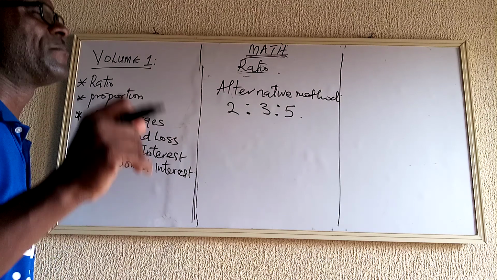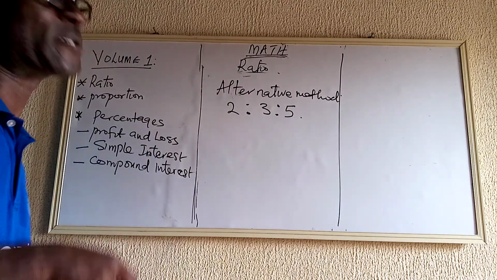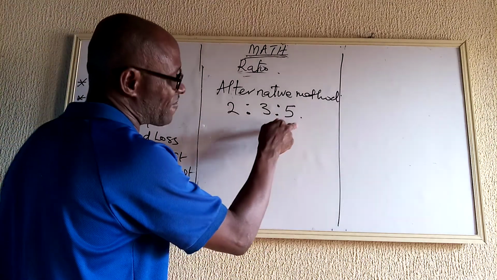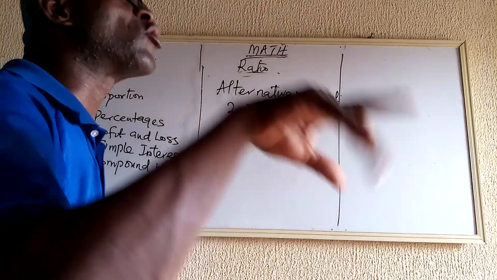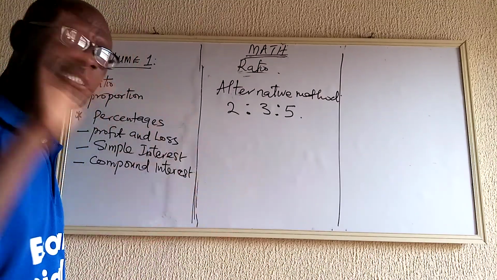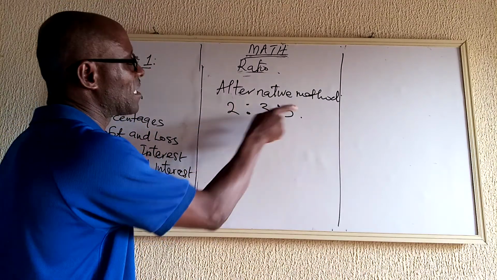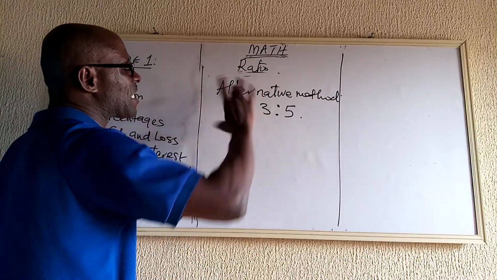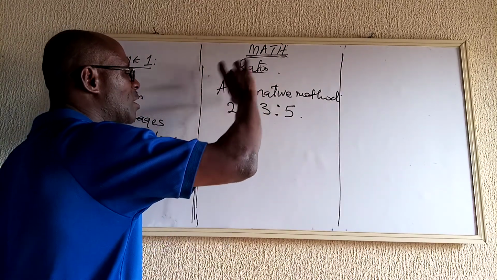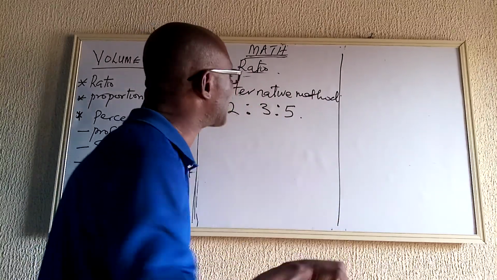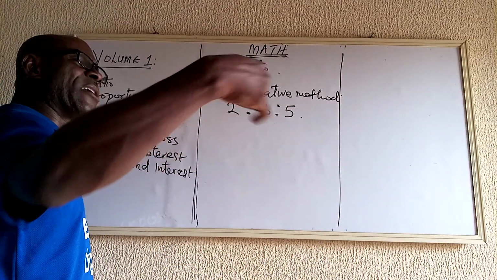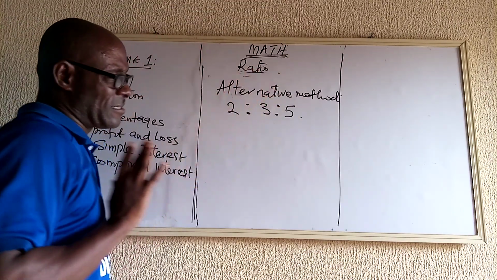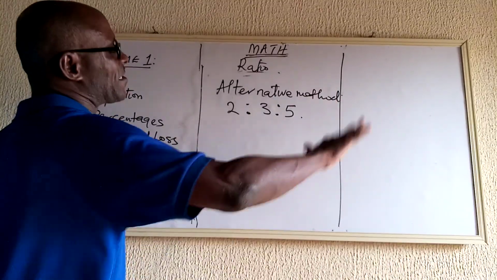Like I said the other time, there must be a common factor. It means that before they arrived at this 2:3:5, a particular common factor must have been used to divide the original share to get 2, 3, and 5. Let me come again. Before the questionnaire arrived at the 2:3:5 share, it shows that there is a value which is a common factor, and is the highest common factor, to the shares that go to all these 3 investors.